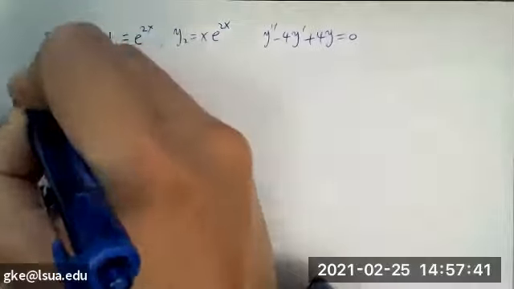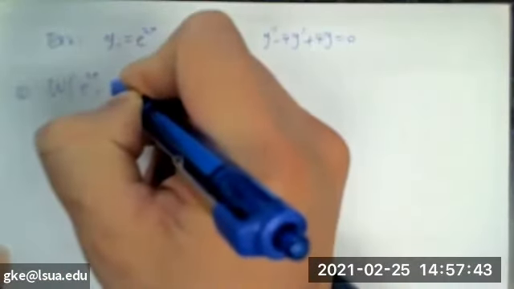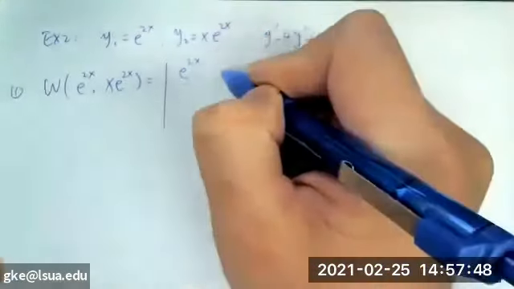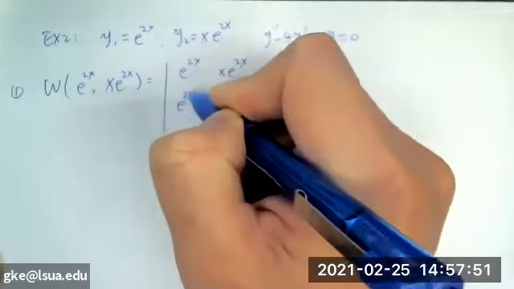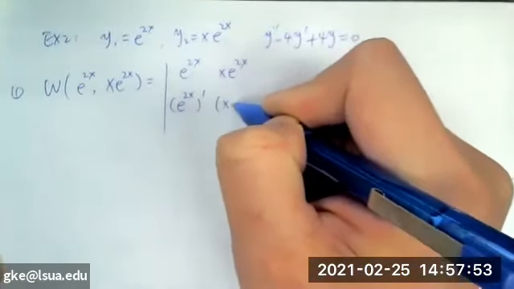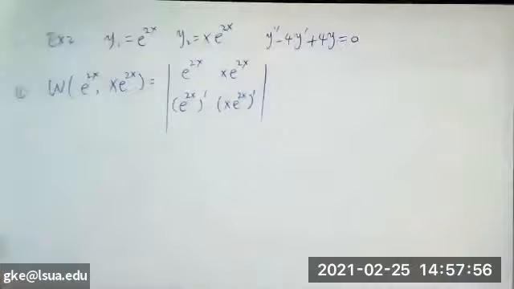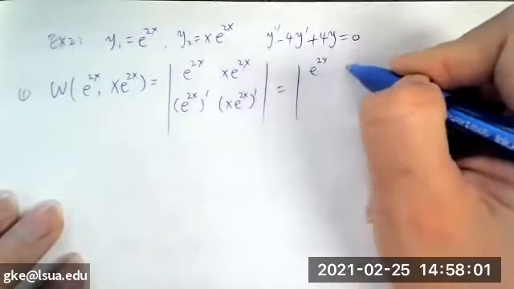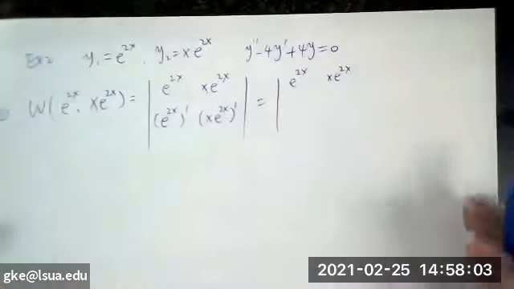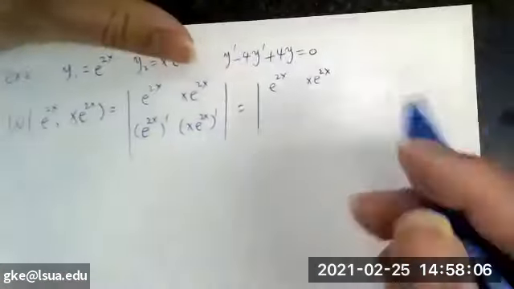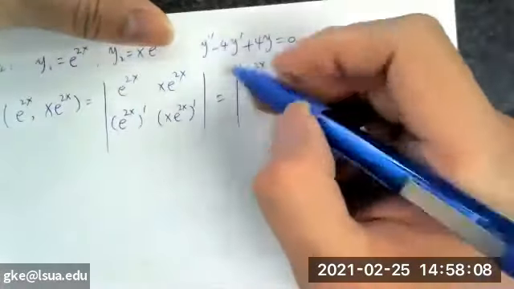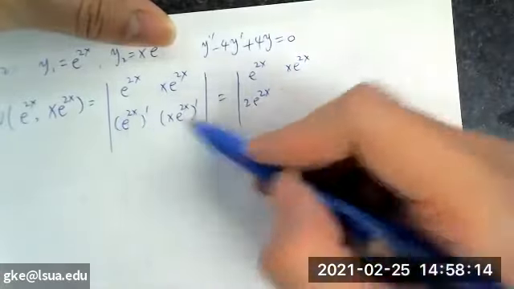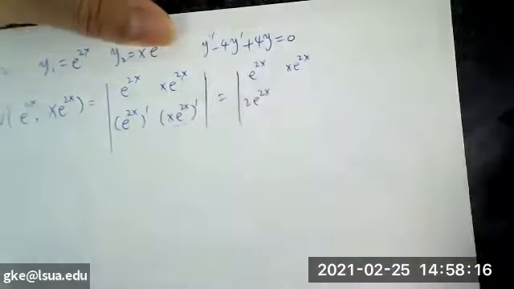So the first step, calculate the Wronskian. Copy the second row, and then simplify it. What are we gonna get? The derivative of this one will be 2, and the derivative of this one will use the product rule.